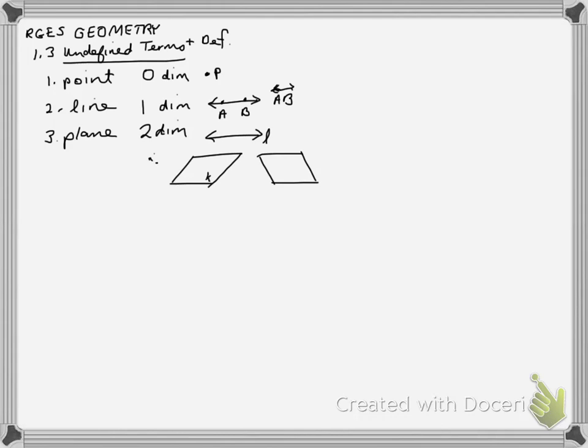For number 25, it says A is the set 1, 3, and 5. B is the set of elements X such that X is an odd integer.